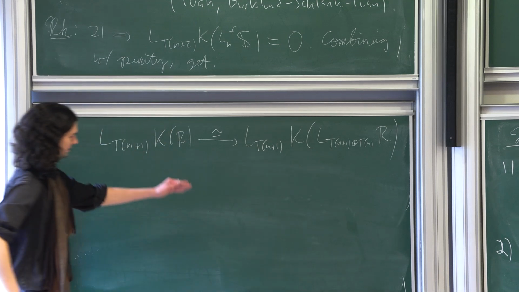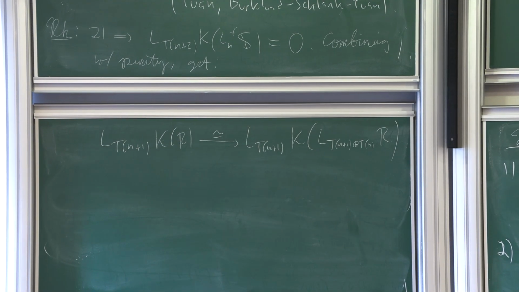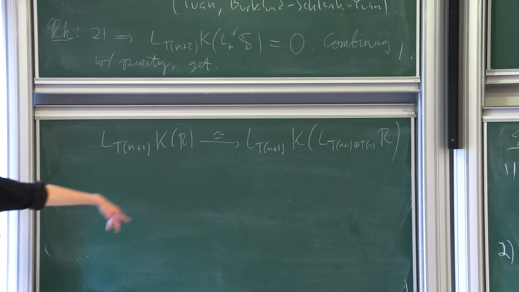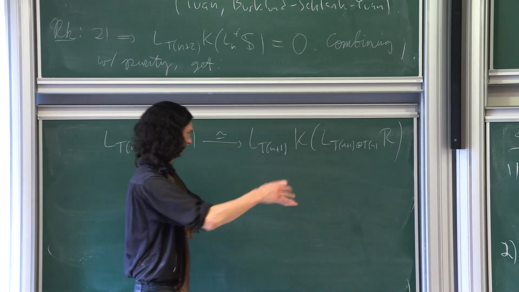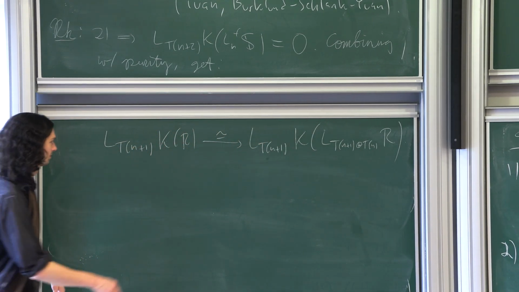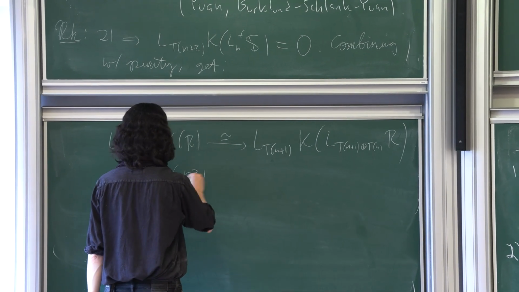You don't actually have to include too much of the lower chromatic information. It's enough to just remember the chromatic information at n plus 1 and at n and glue those together. You don't have to worry about all the stuff that happened before. So for n bigger than or equal to 1.